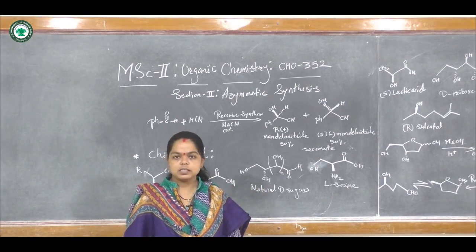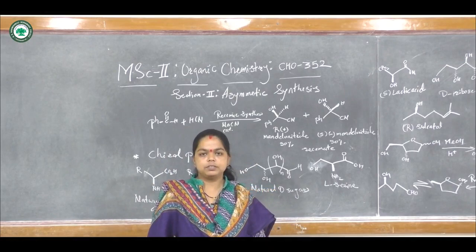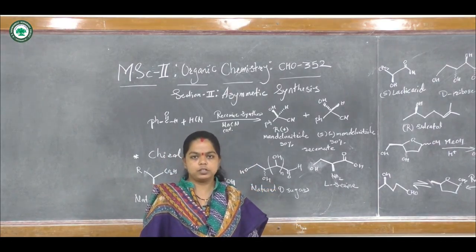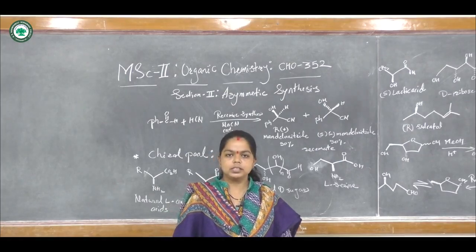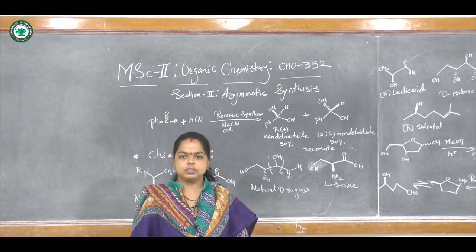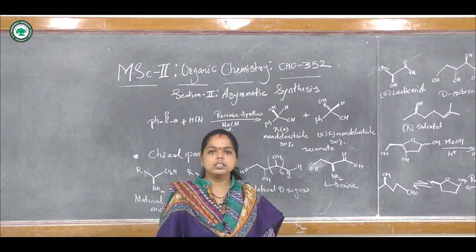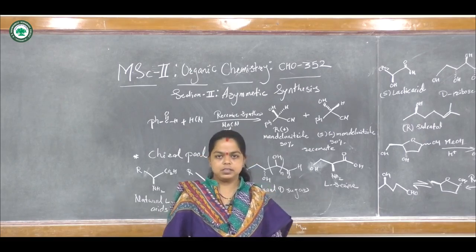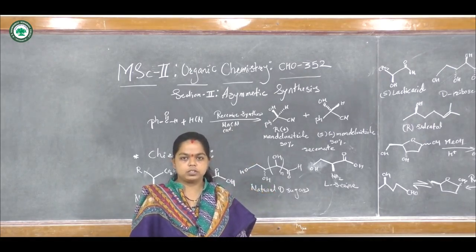Now it is necessary to design the synthesis in the laboratory that will generate a single enantiomer. So what is our objective? It is to carry out a reaction that will give high stereoselectivity, which will lead to asymmetric synthesis. So it is also called an enantioselective reaction.